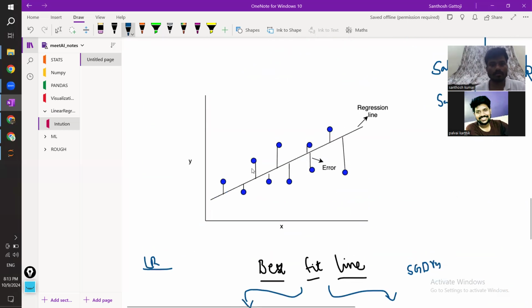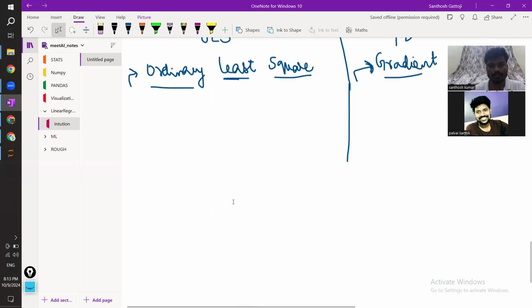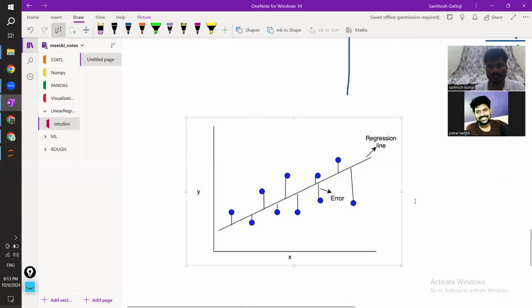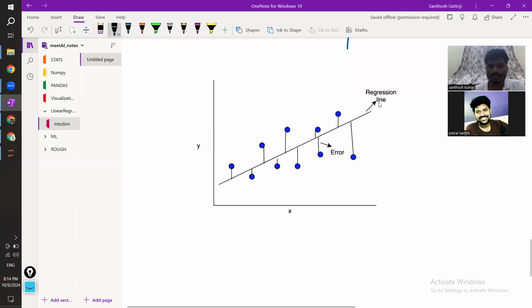Now we'll dive into the main thing we are trying to achieve in this class. Over here, this is my data point. Just forget about this regression line. I don't know what this line is, just some random line.